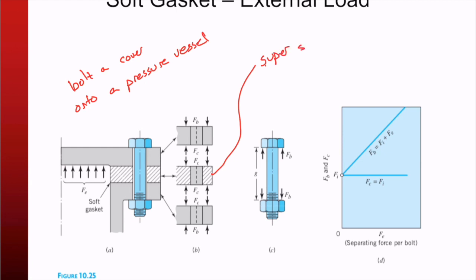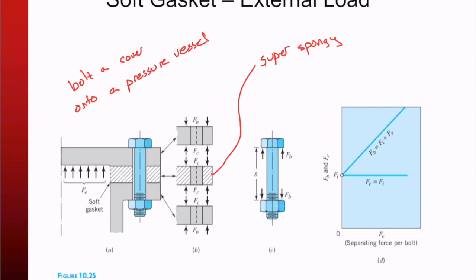Super spongy. And I can bolt this thing to some initial tension, right? So the bolt has some initial tension in it like this, and whatever that initial tension is going to be equal to the tension or the compression that's on my gasket.